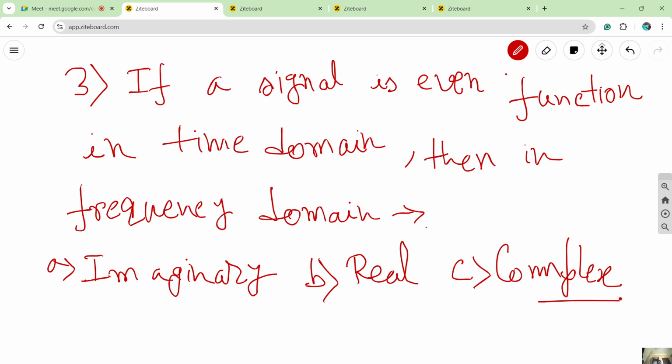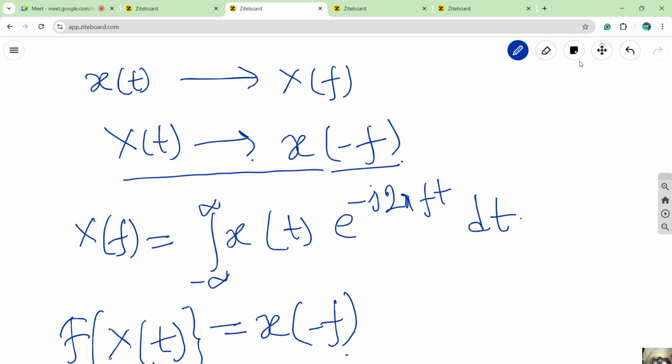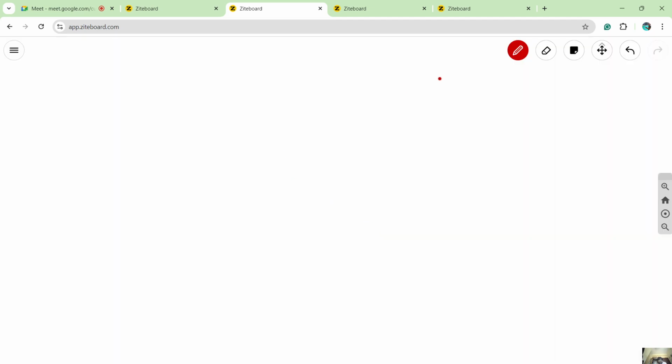Okay. Solve this. So even in the time domain means x of t is equal to x of minus t.